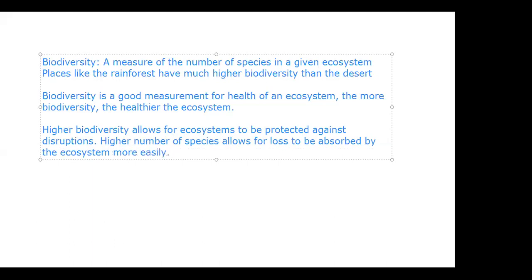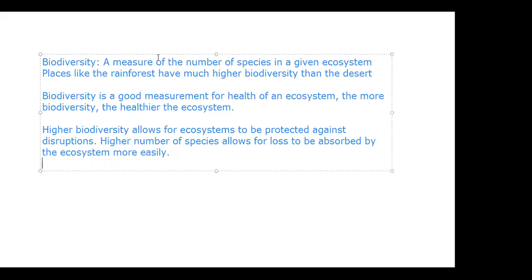Okay, so the higher number of species we have, the better an ecosystem will do. Generally, you can have all sorts of disruptions, whether it's people moving in, all of these different things can lead to a drop in biodiversity, but the higher it is originally, the better a place will be.